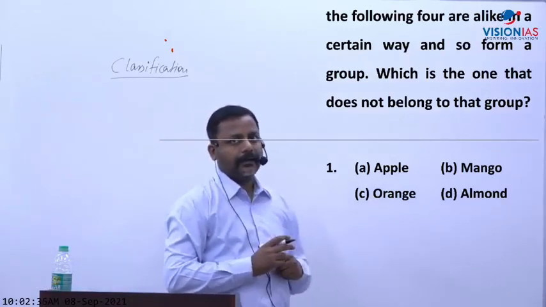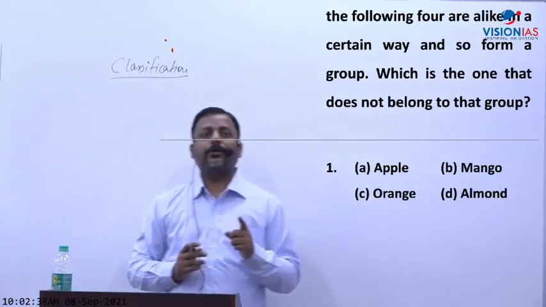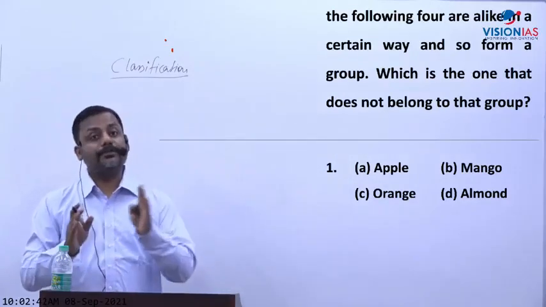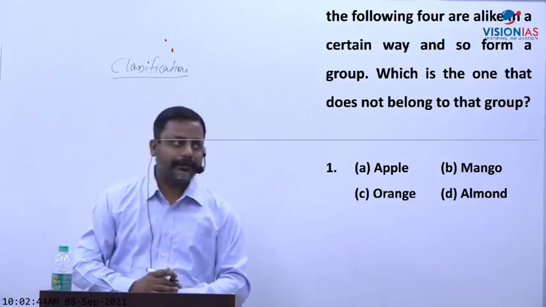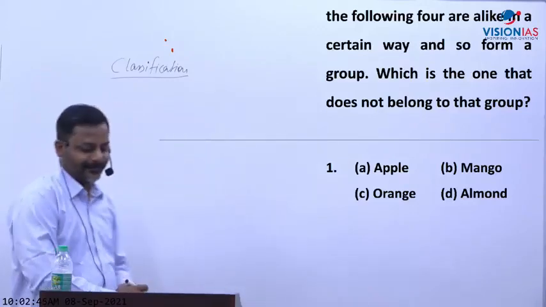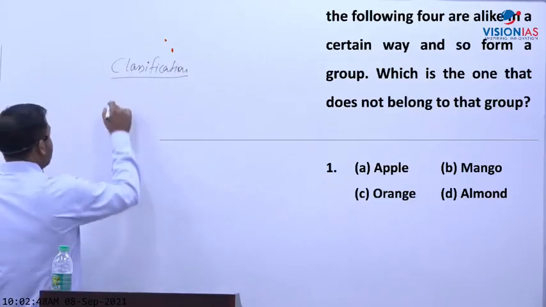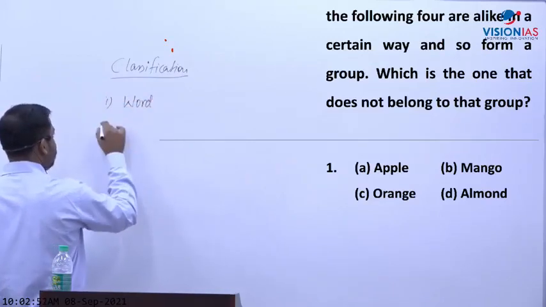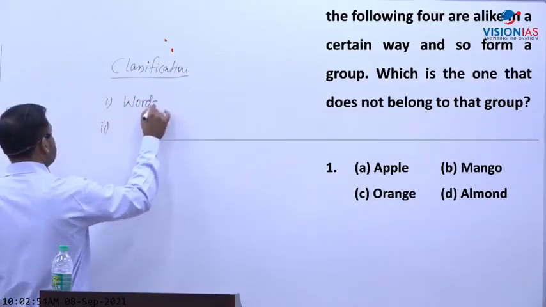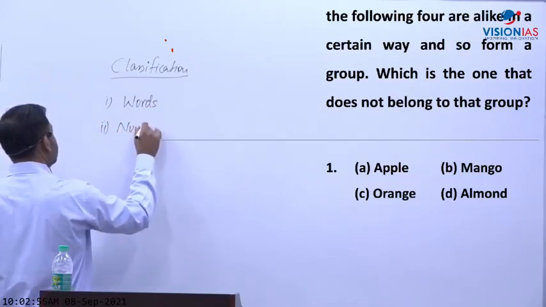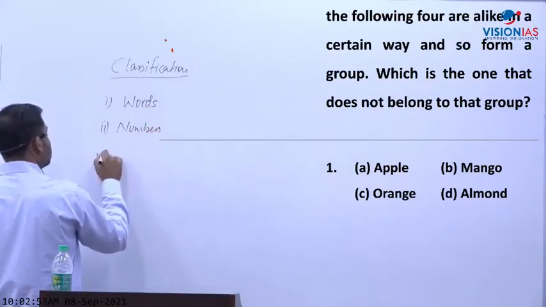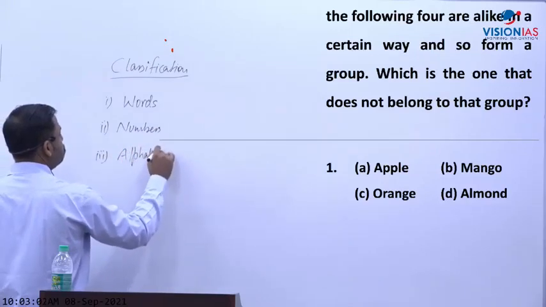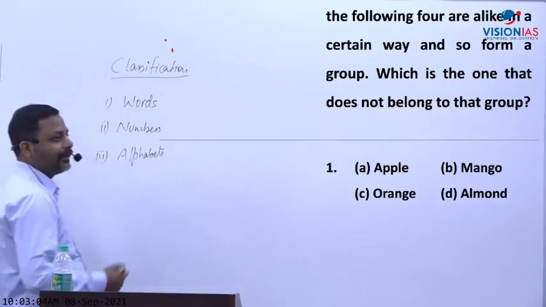We need to find which of the options does not belong to that particular group, means which one is odd out of the given 4 options. Here you will find 3 types of questions: classification based on words, classification based on numbers, and the third one is classification based on alphabets. So one by one we will discuss this.